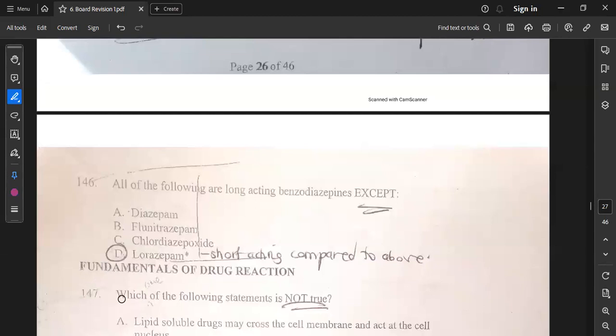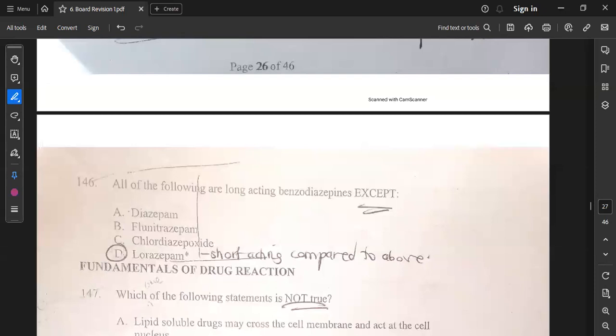And then long acting, 1 to 3 days, diazepam and flurazepam. Okay, and clonazepam. And clonazepam? Yeah, long acting.